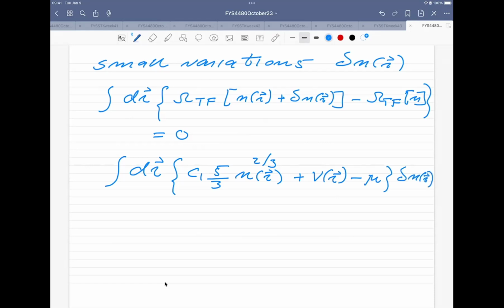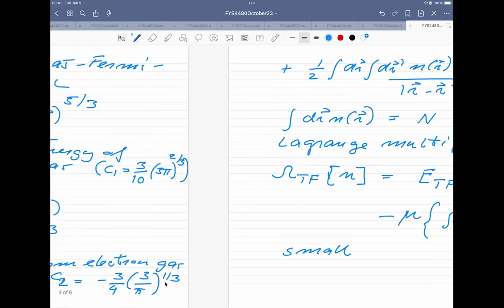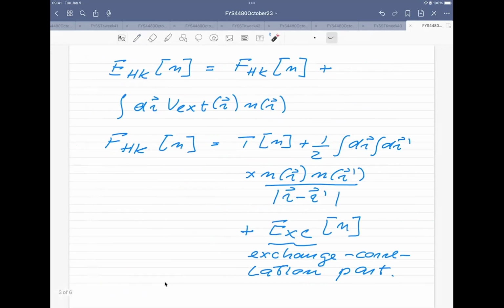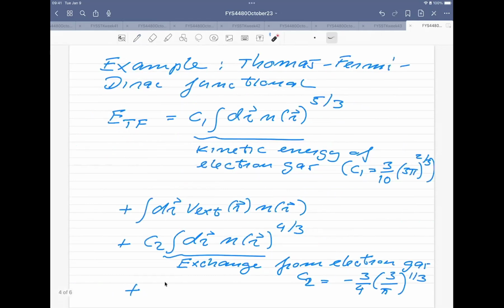So what is this V of r? This V of r is going to be given by my external potential, because I'm taking the functional derivative with respect to delta n of r. For the first term, this is pretty simple. That just gives me the external potential. Then for this specific term, I will get a factor of 4 divided by 3 times C2. That's for the exchange part.